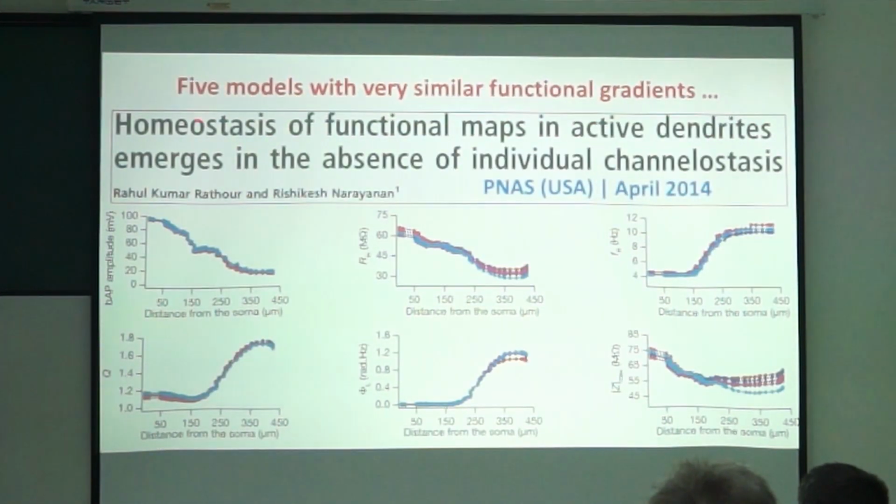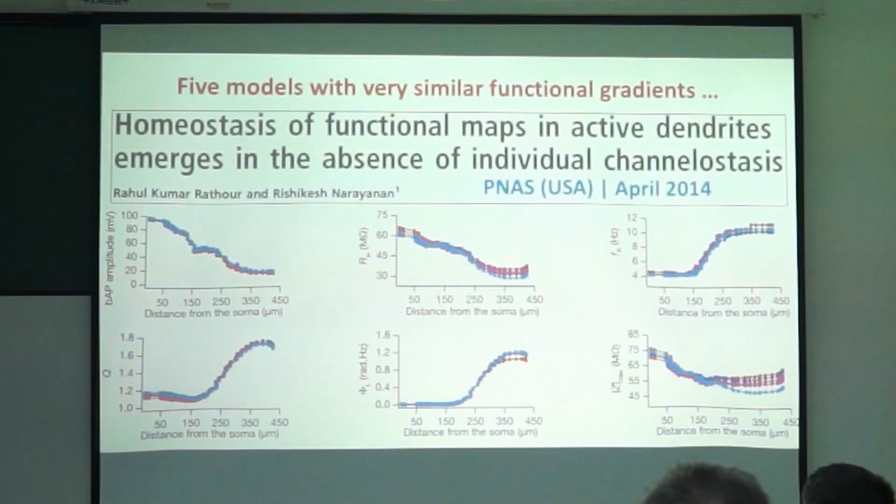So the question that Rahul asked a long time ago, more than a decade ago now, was can you implement all these different functional maps? The backpropagating action potential amplitude should go down, the resonance should go up, the input resistance should go down, and so on and so forth. Can we have all of this across the dendritic hardware with several different kinds of combinations? So that was the fundamental question he asked.